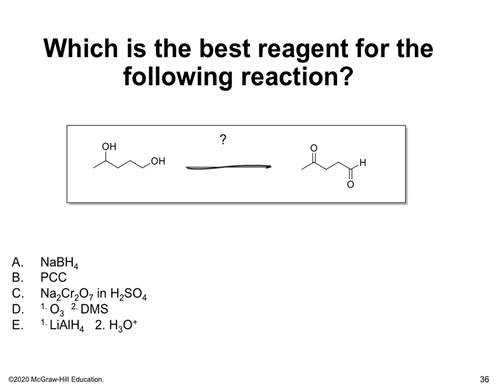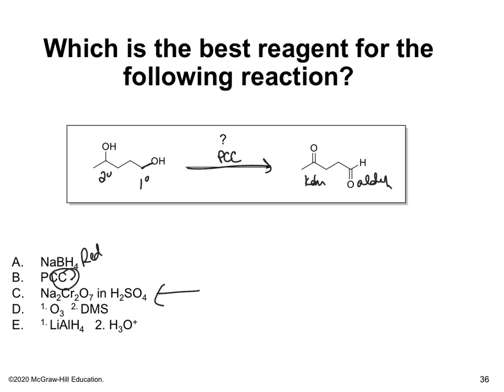Here this is oxidation, so we're going from the secondary alcohol to a ketone. And this is important. The primary alcohol goes to an aldehyde, and only one reagent will do that, and that's PCC. Because if you use something like sodium chromate, you're going to get the carboxylic acid.